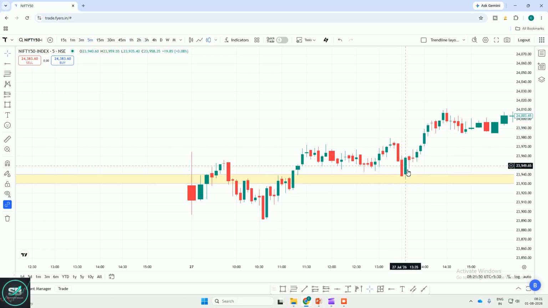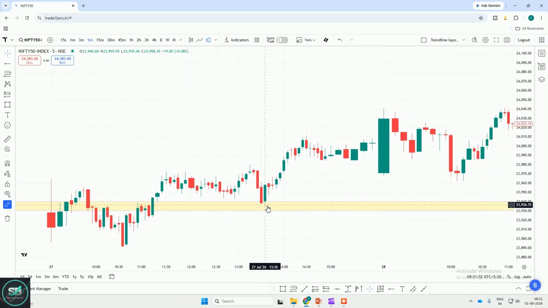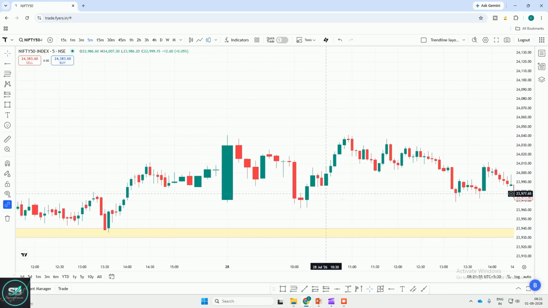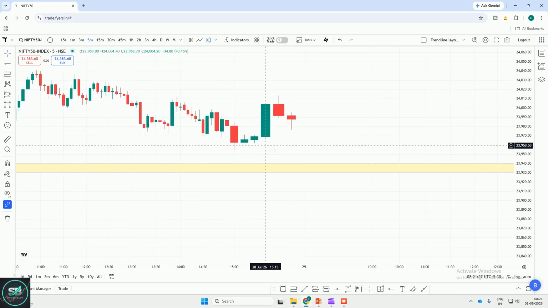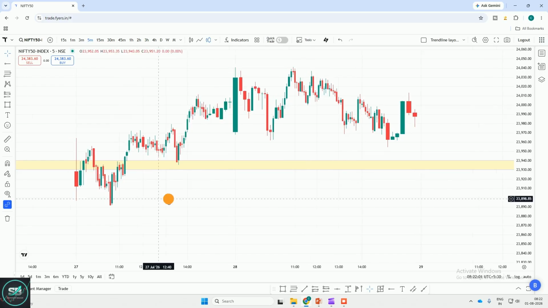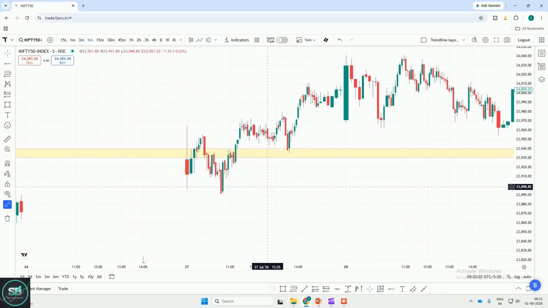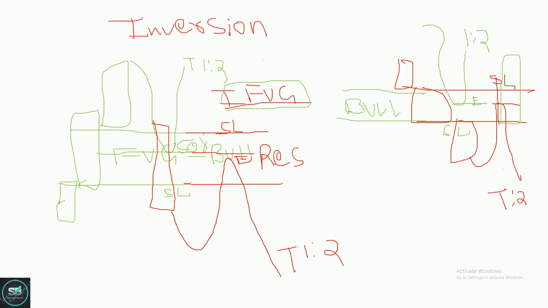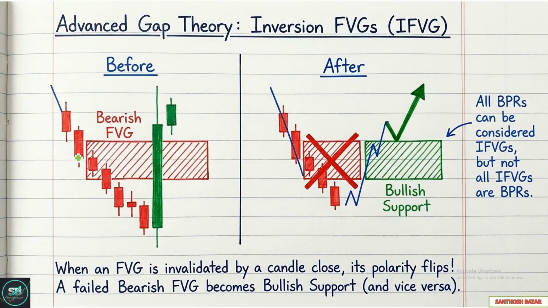Now when this FVG was broken, again it acted as a support. Exactly here it took a support, and the market bounced upside. So this is how bearish and bullish FVGs change their character, and this concept is called an inversion FVG. Hope you understood this concept.